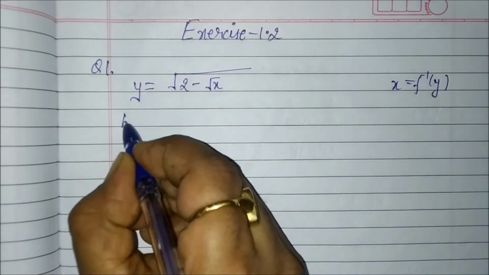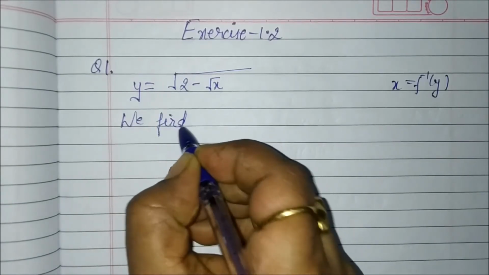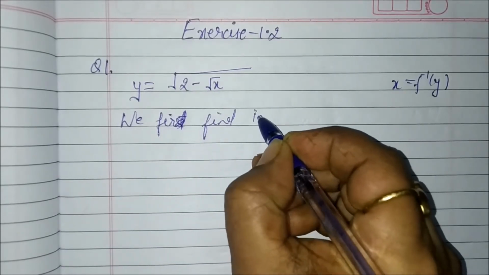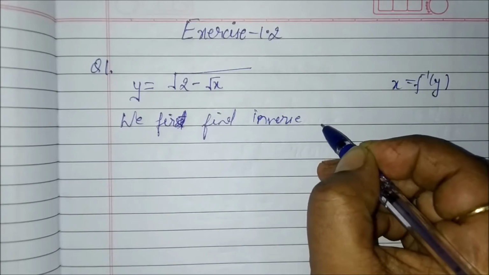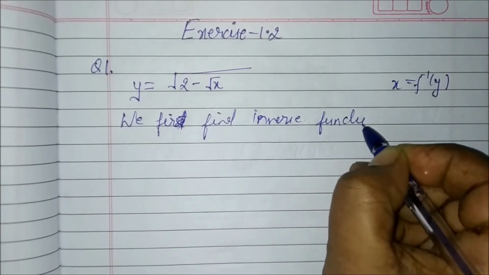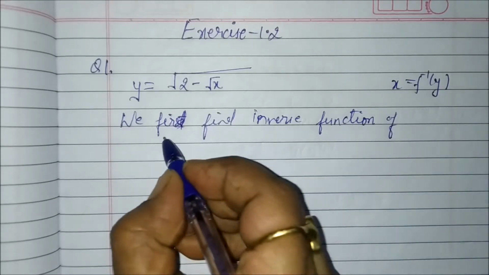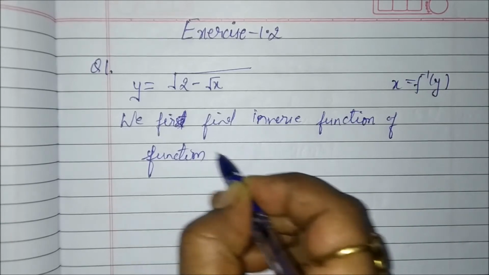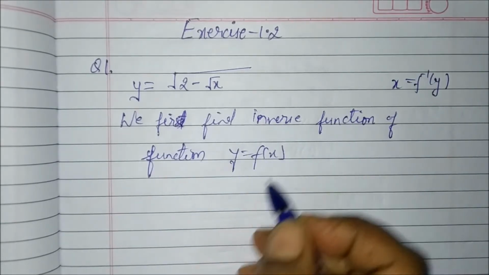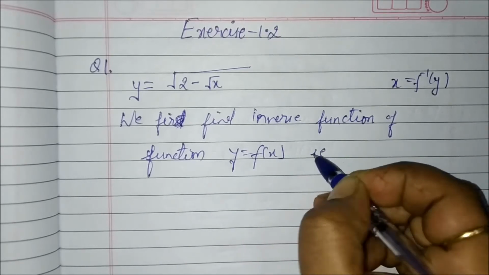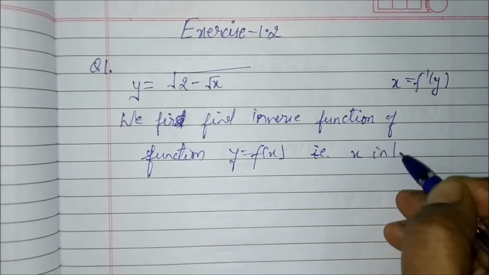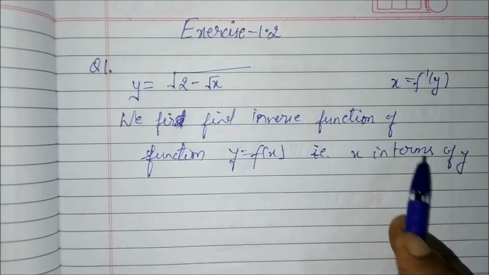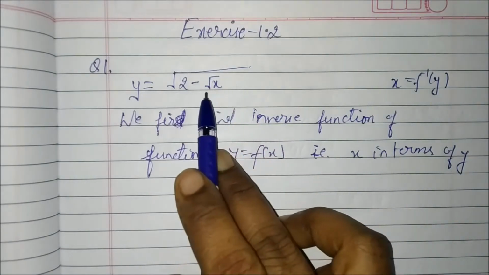So we first find the inverse function of the function y = f(x), which means that we have to find x in terms of y in this function.